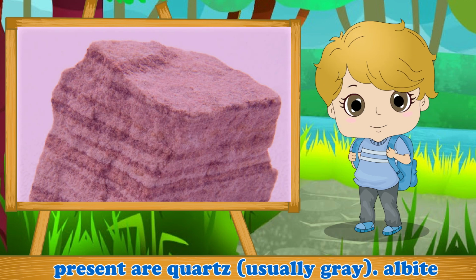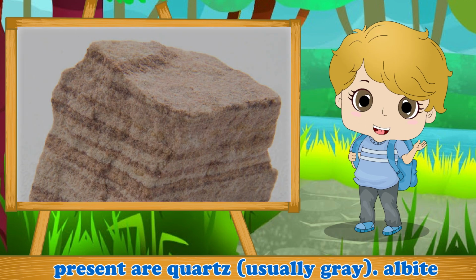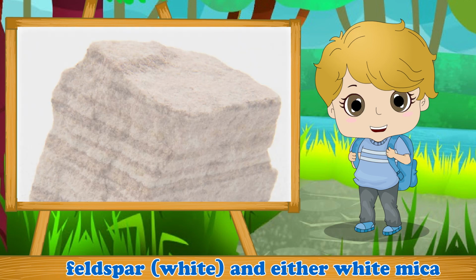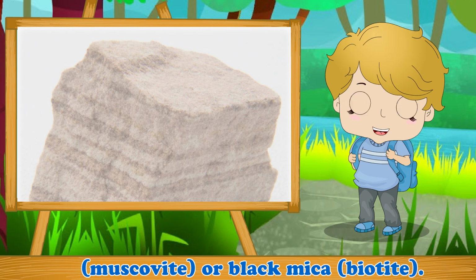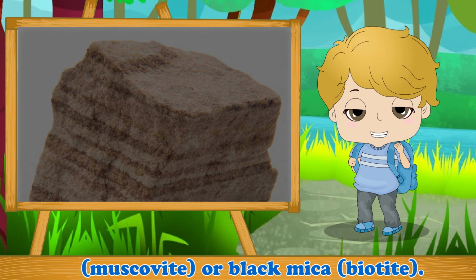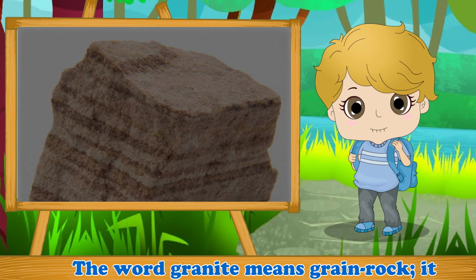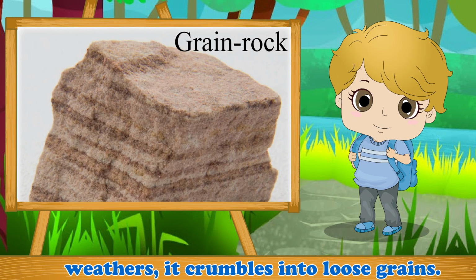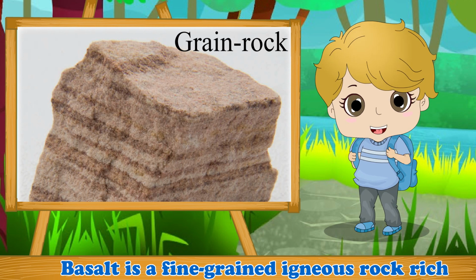Other minerals present are quartz, usually grey, albite feldspar, white, and either white mica, muscovite, or black mica, biotite. The word granite means grain rock, because it crumbles into loose grains.